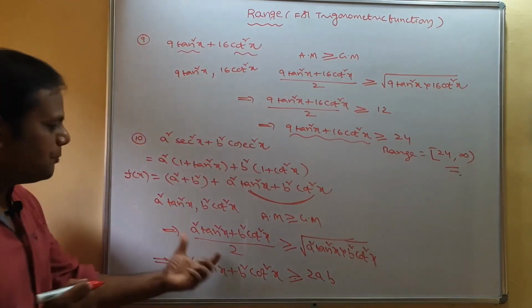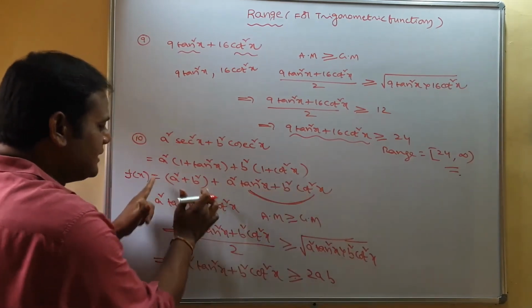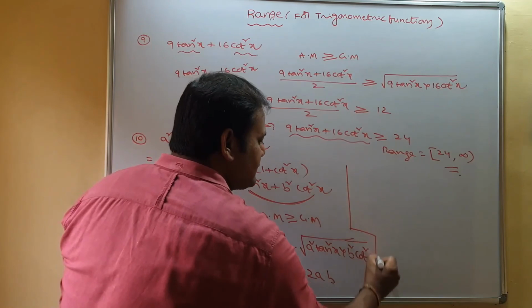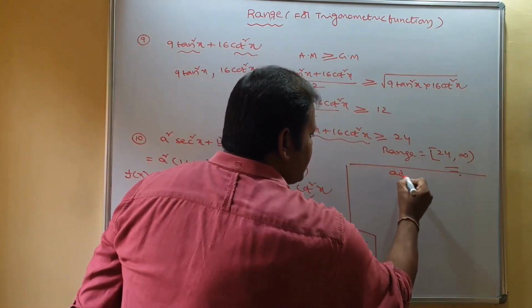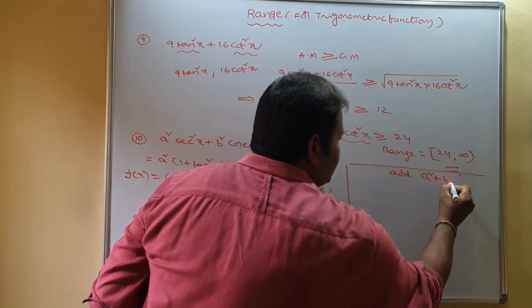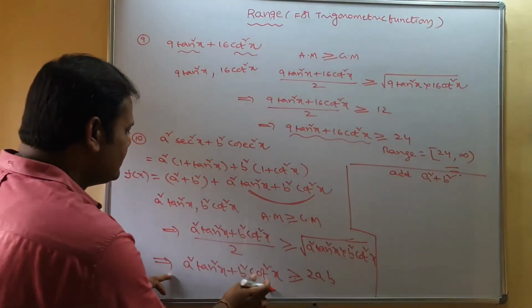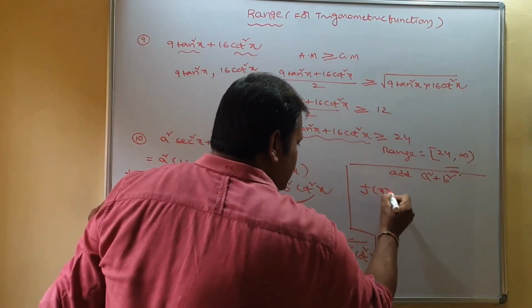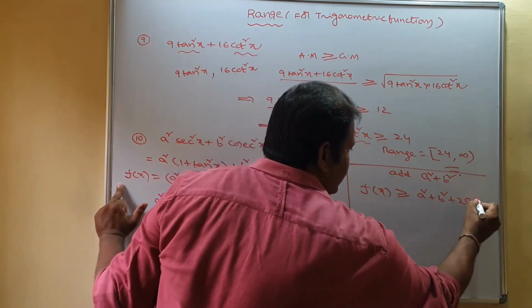But the actual function is this plus a square plus b square. So add a square plus b square on both sides. On the left hand side we get the given function f of x, which is greater than or equal to a square plus b square plus 2ab.